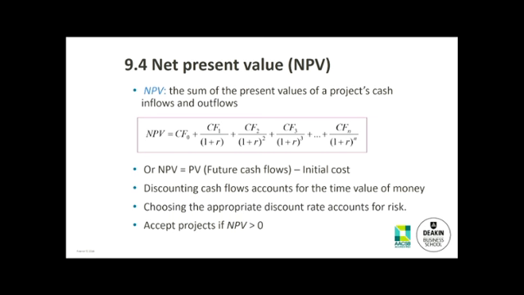Let's assume I sum it up, the true value of the project is equal to $22. My initial investment, $20. The true value of the project, $22. The difference is $2. What should I do? Should I invest? Yes or no? Yes, right? What is this $2? This $2 is named the net present value. That's it. That's everything about the net present value. Does this make sense for you?